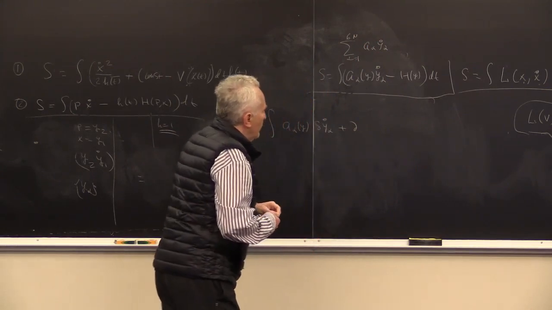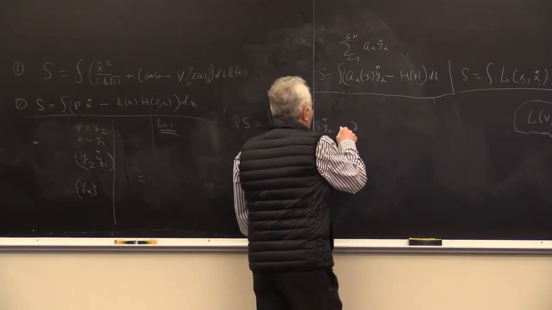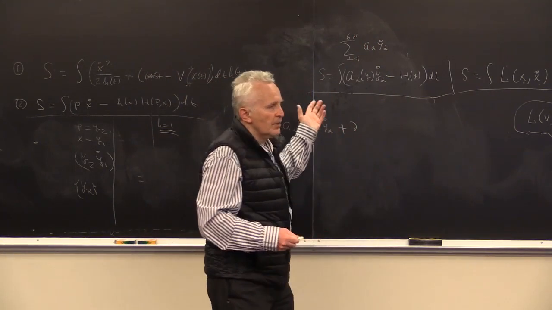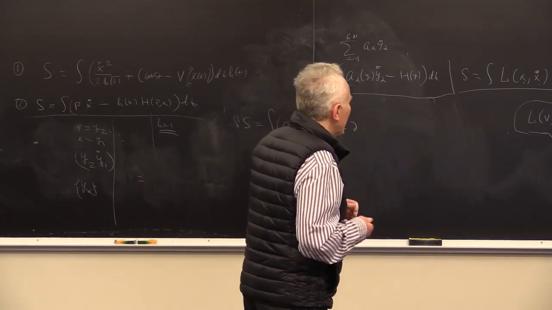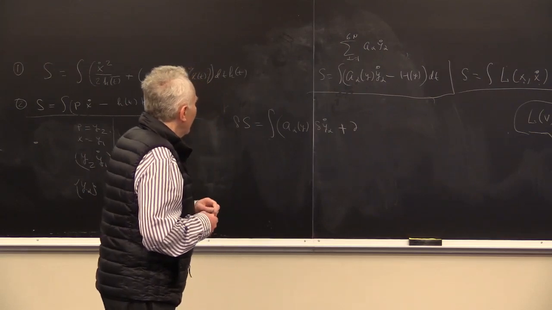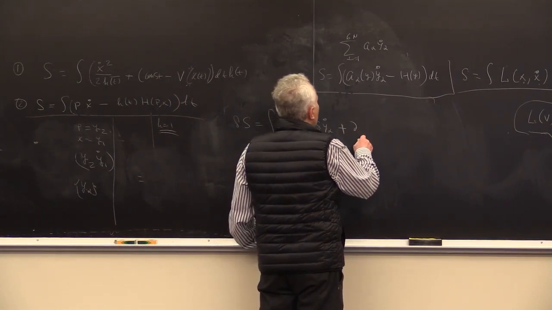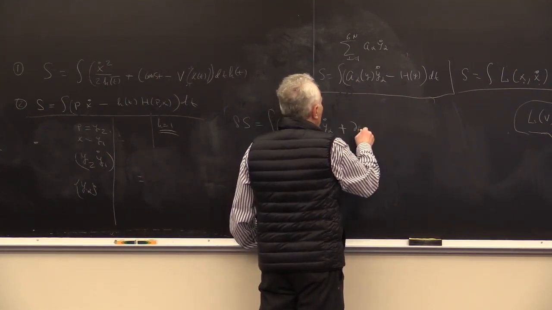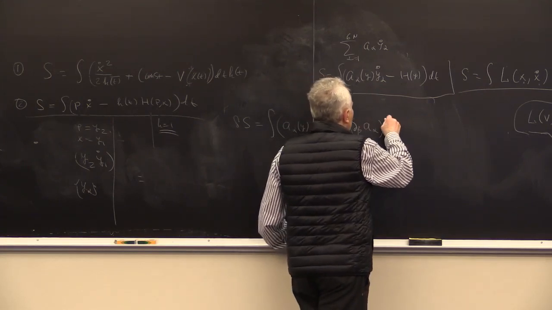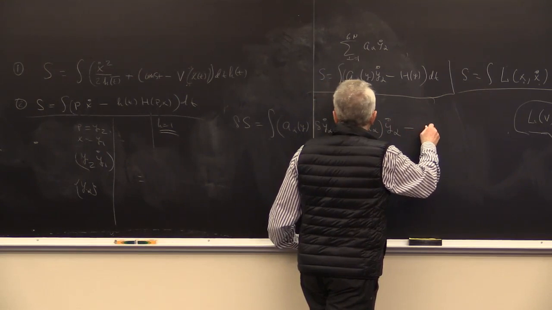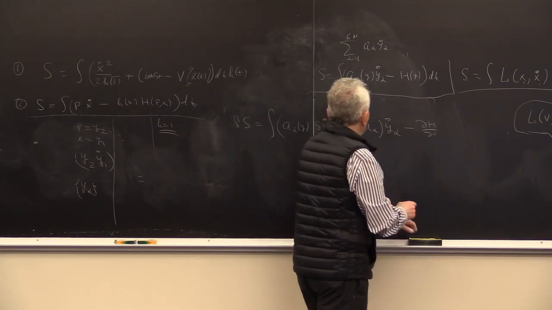Usually it's very convenient. It's usually ascribed to Einstein rules. It's not the greatest Einstein achievement, but it's very convenient. Okay, now we have to vary this thing. We write d beta a alpha y alpha dot minus dh dy. Excuse me.